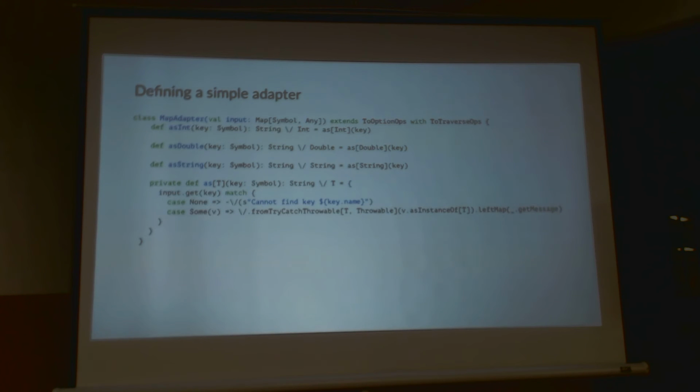Now this is a nice thing in Scalaz: the disjunction either dot from try-catch throwable. That is actually the Scalaz version of a try-catch block. What that says is that anything in here might throw an exception, but either way, just give me a disjunction back.